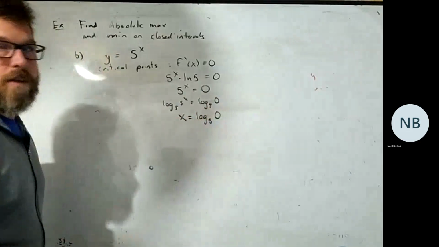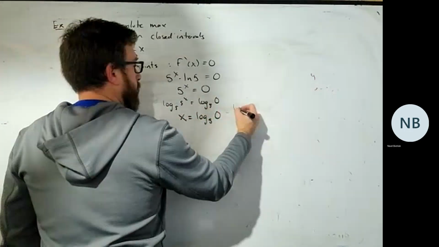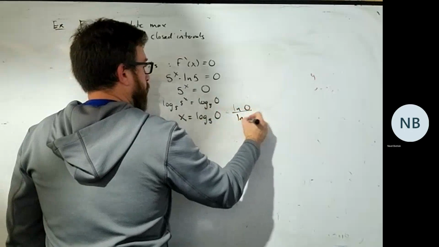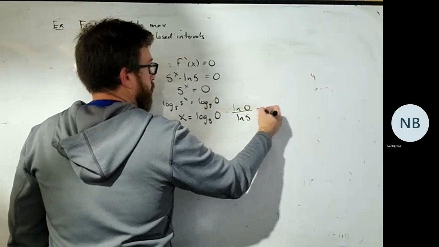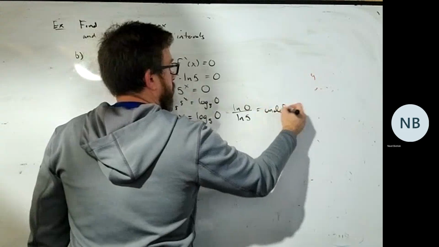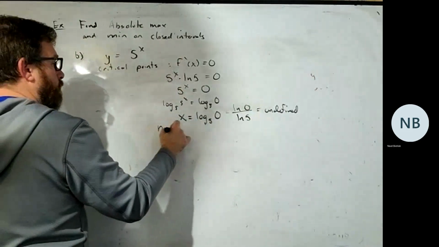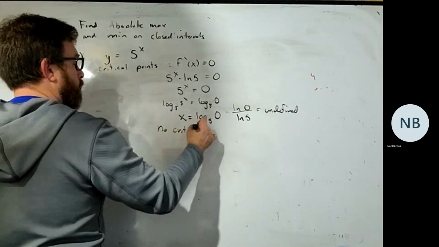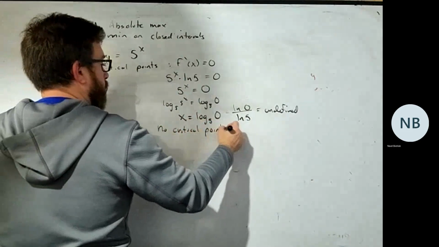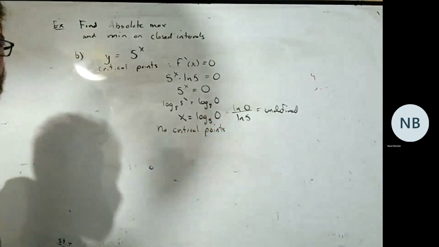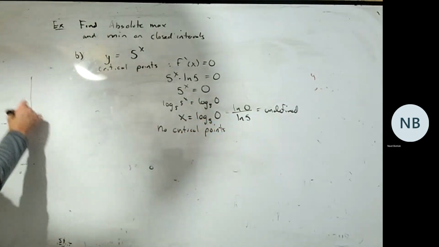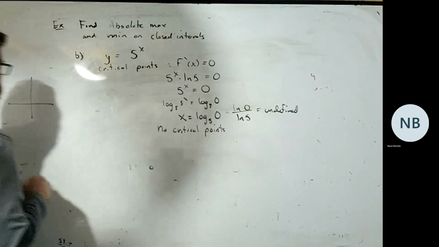And if you try to find the log base 5 of 0, which is the same thing as the natural log of 0 over the natural log of 5, this will give you an error, it'll give you undefined. So this has no critical points. This particular exponential doesn't have critical points. If you graph this, 5 to the x looks like this.